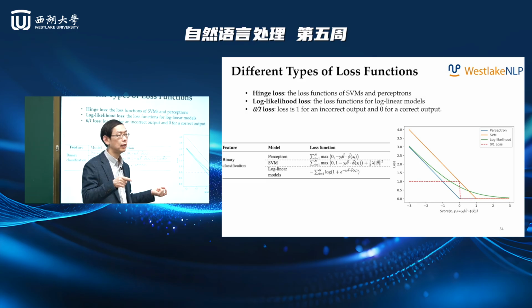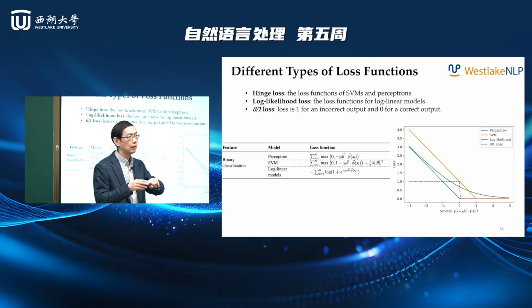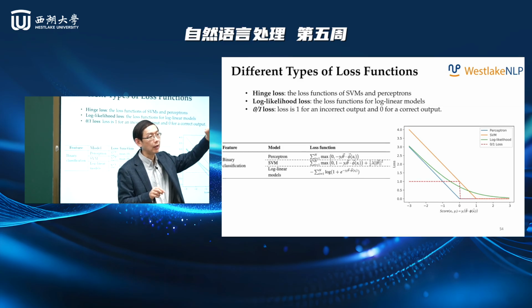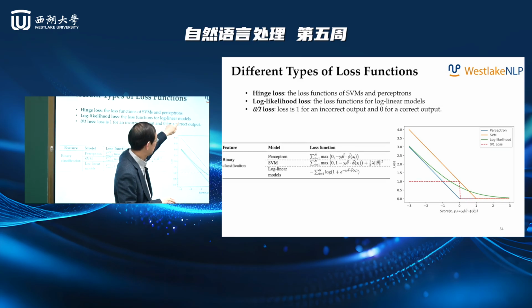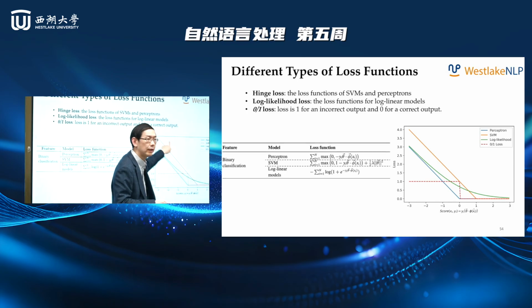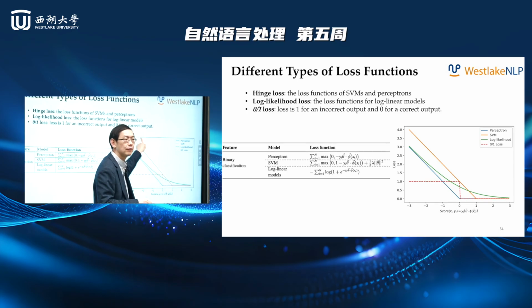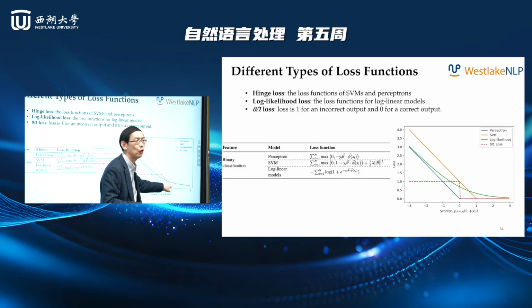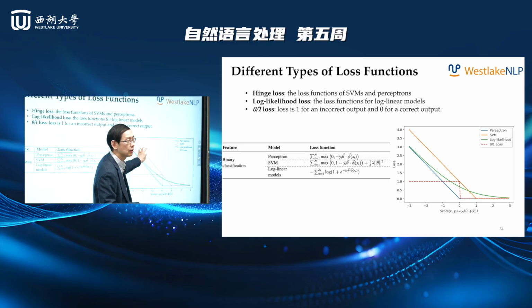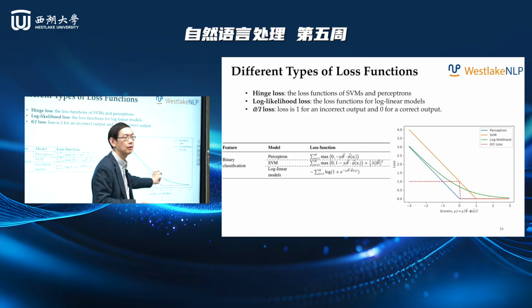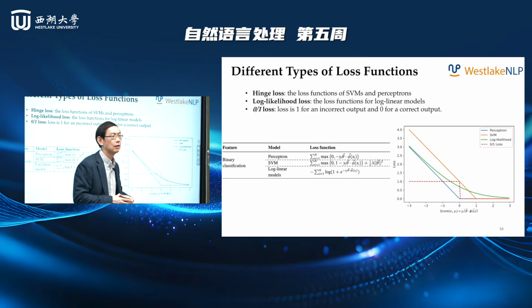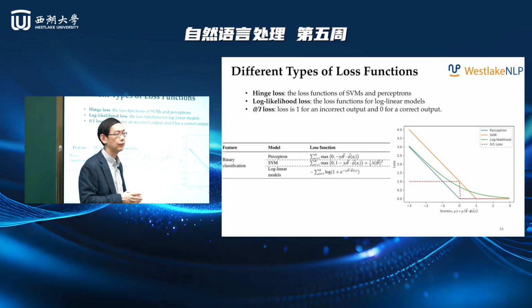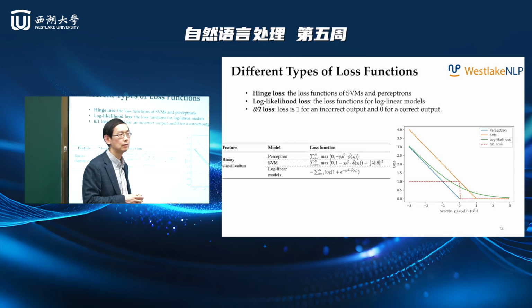When theta dot phi is less than 1, the loss function is 1 minus theta dot phi. So it's this line. It's the red line. Okay? When theta dot phi is greater than 1, no loss. When theta dot phi is smaller than 1, the loss is 1 minus theta dot phi.